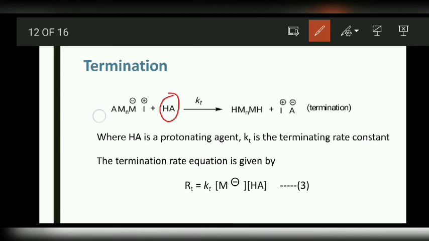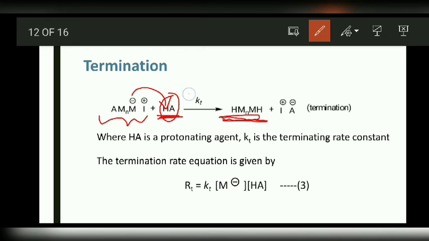So this protonates the growing chain. Fine. So when this gets protonated, the negative ion abstracts the proton from this protonating agent and forms a dead polymer like this. Fine.